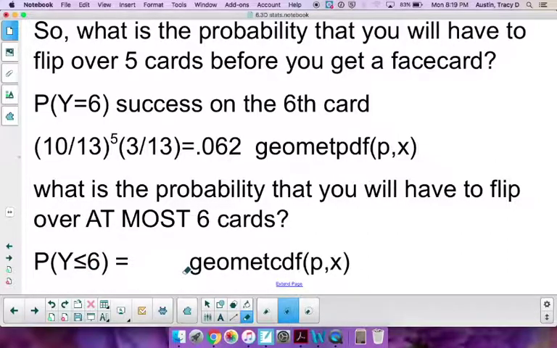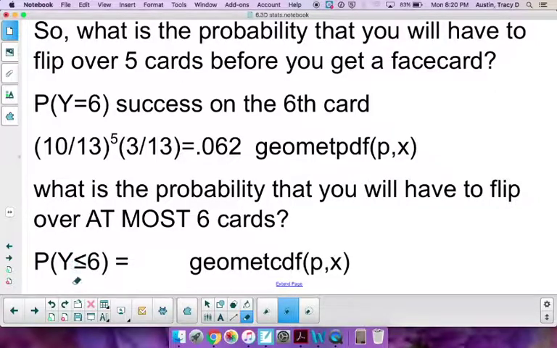In your calculator, again, under the distribution menu, go to the geometric CDF. Okay, so CDF does the same thing here that it did in binomial. It counts from left to right, okay, and it is cumulative, and it stops on the number that you put in, okay?